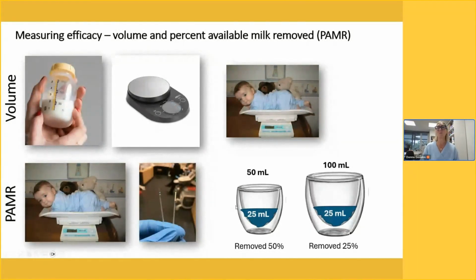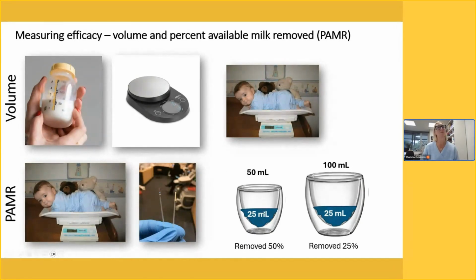Now, the reason we do this is because we may have a mother here that has pumped 25 mils and another mother who has also pumped 25 mils. From our calculations of the 24-hour data, however, we estimate that this mother only had 50 mils in her breast to begin with.